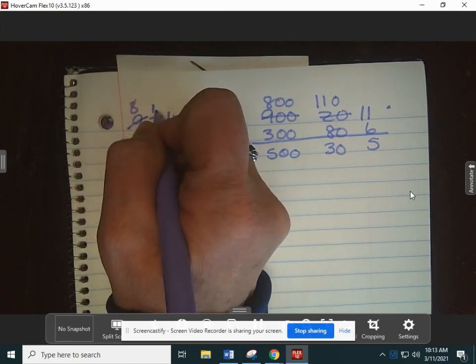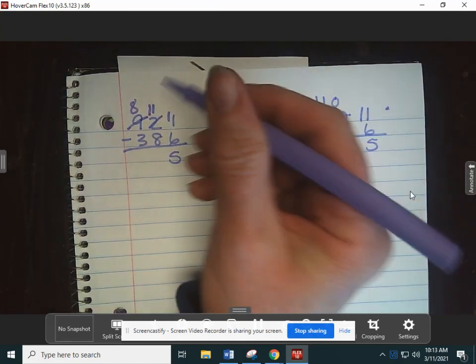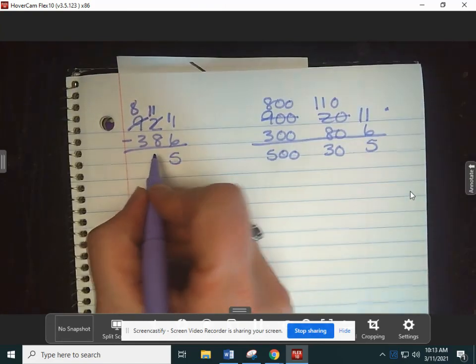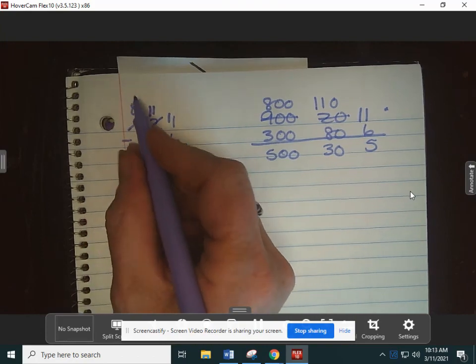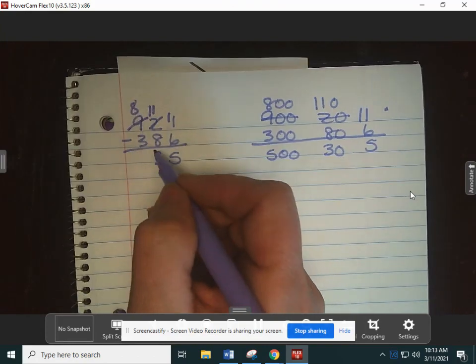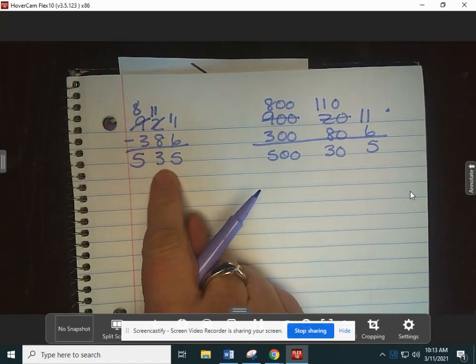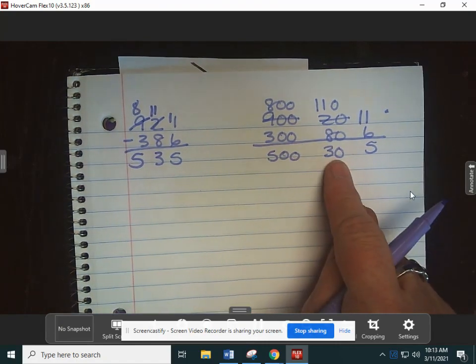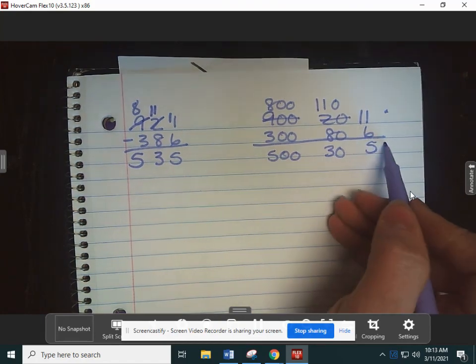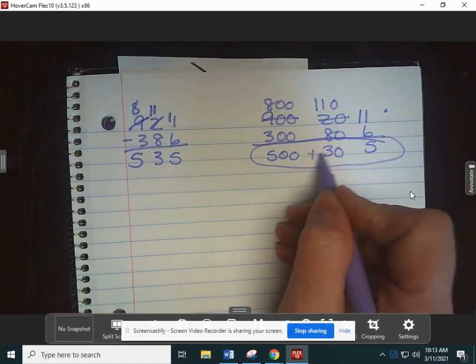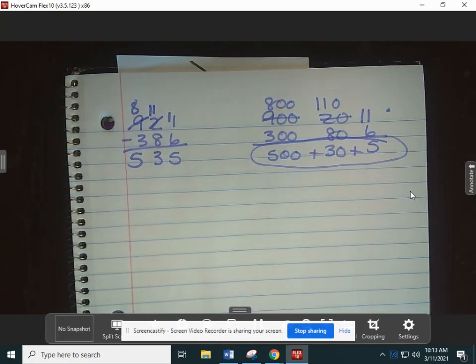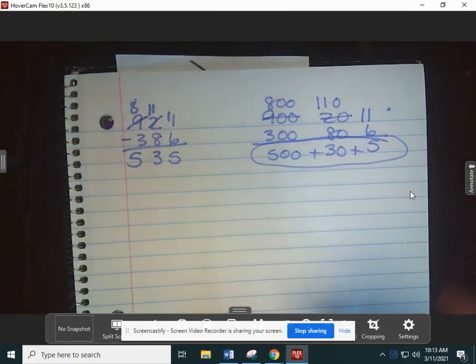We're grabbing a 100, putting it into the tens. So now we have 11 minus 8, which is 3. Now we're in the 100s. 8 minus 3 equals 5. 535. 535. If you don't recombine this, your answer is incomplete. You do need to recombine the number.